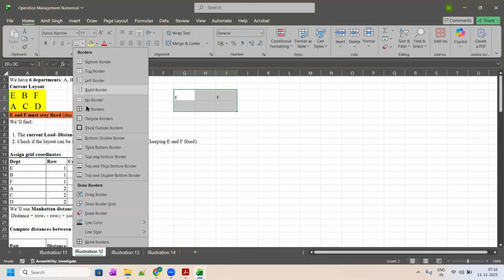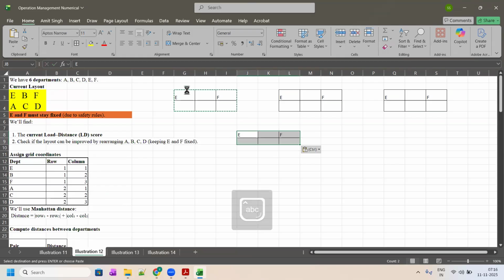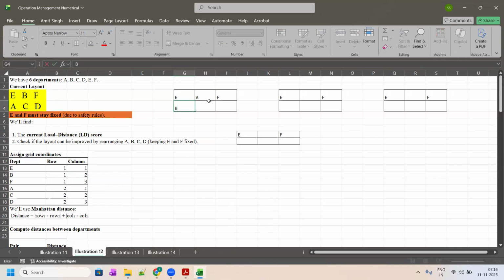So how many possibilities can we create? If I interchange the position of A and B, then C and D remain the same.